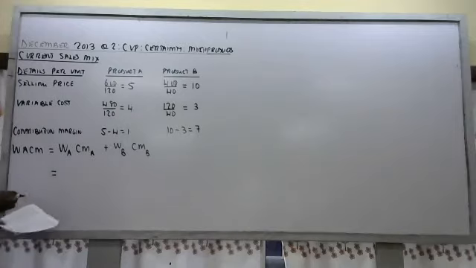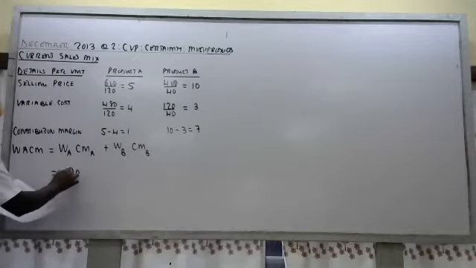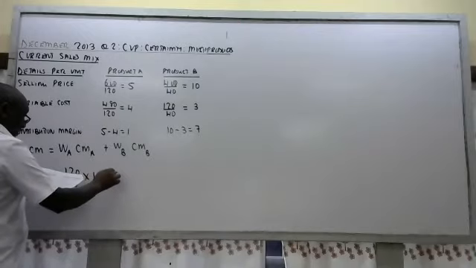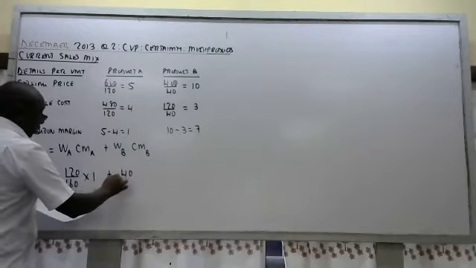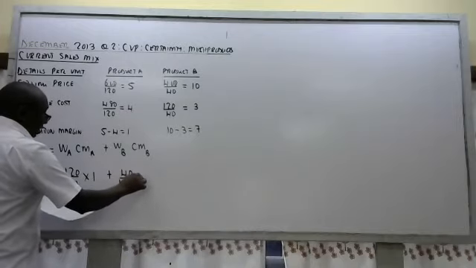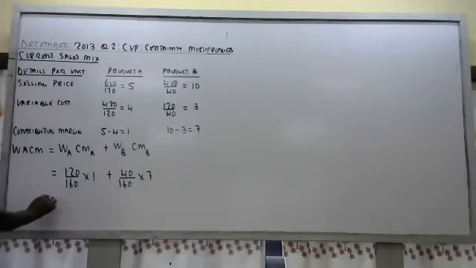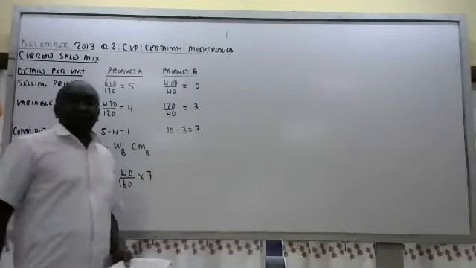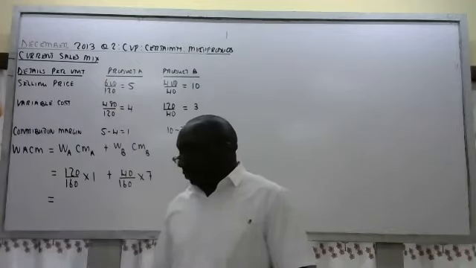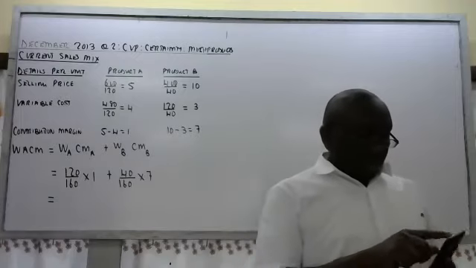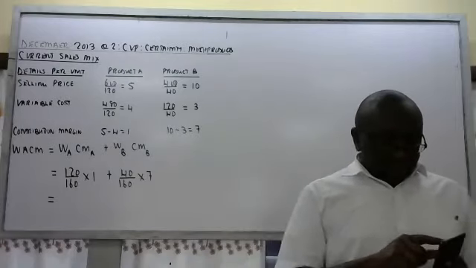So the units of A, as you can see up there, they are 120 in a total of 160. So times 1 plus 40, you divide by 160 times 7. So work out that and give me the answer.